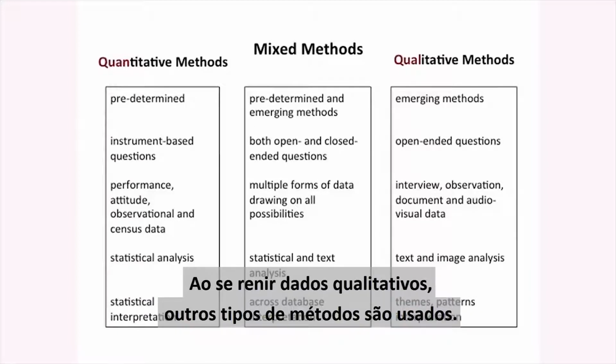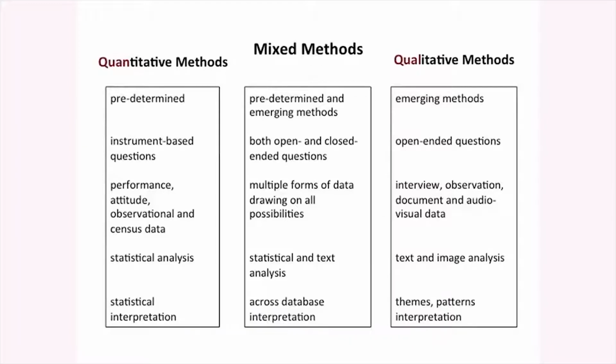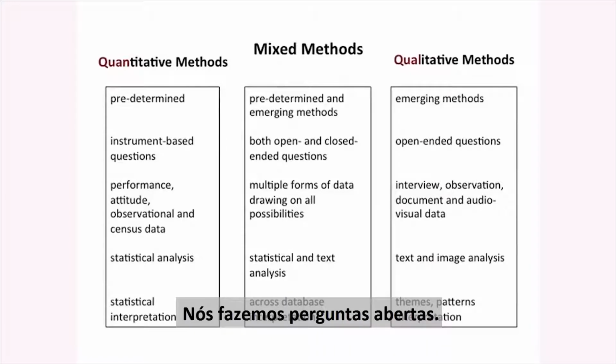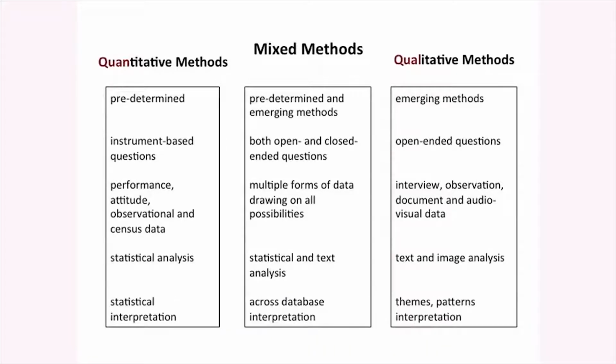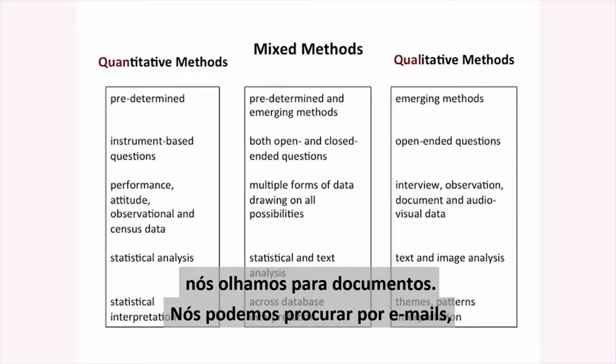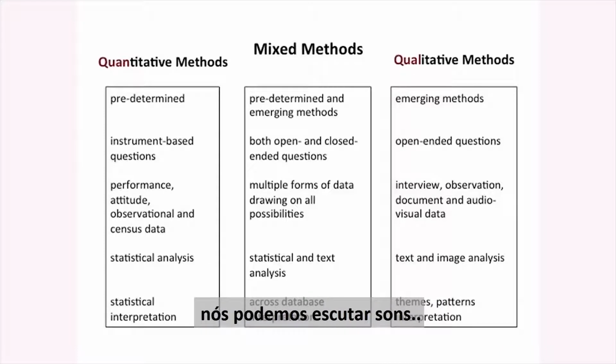Qualitative has a different type of methods going on. It's an emerging method where we don't necessarily start with a predetermined instrument. We ask very open-ended questions. We often conduct interviews, observations. We look at documents. We might look at email messages. We might listen to sounds.